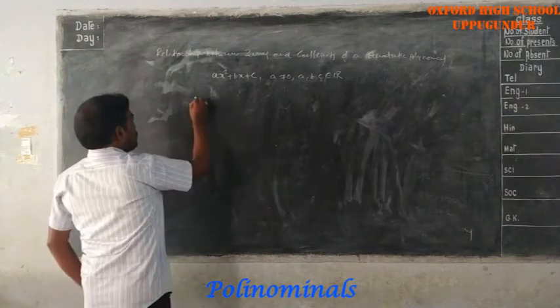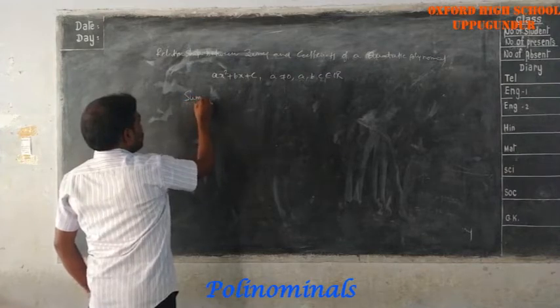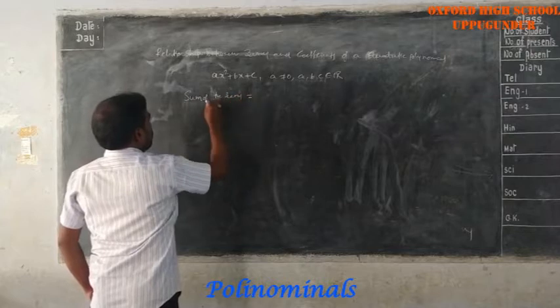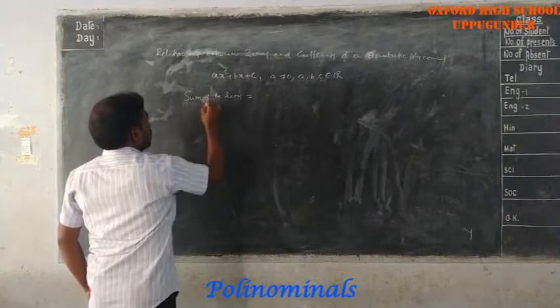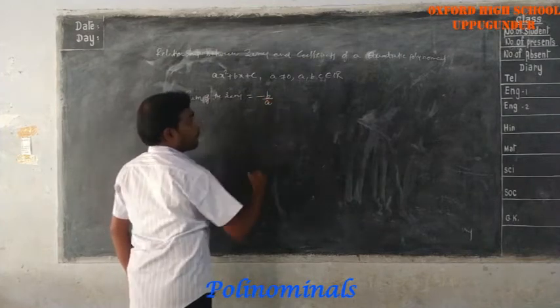For this quadratic polynomial, the sum of the zeros is equal to minus b by a.